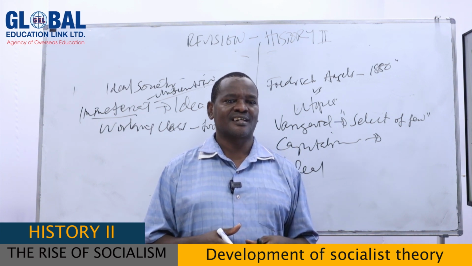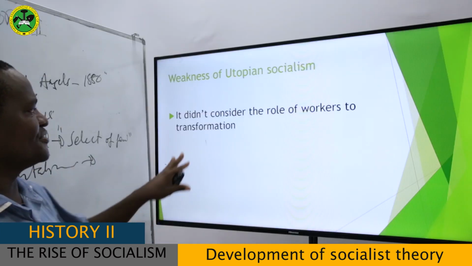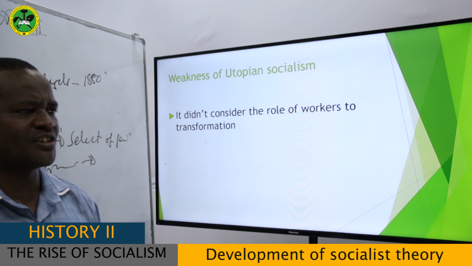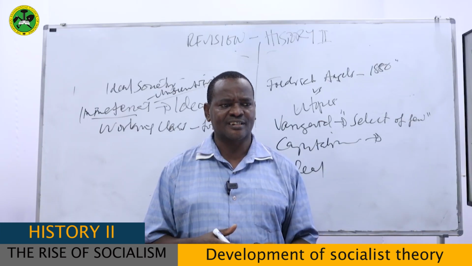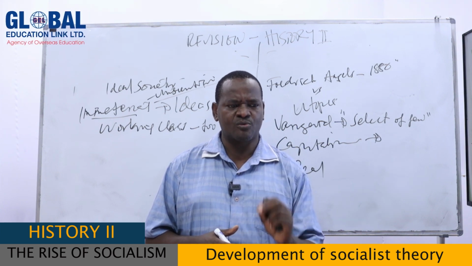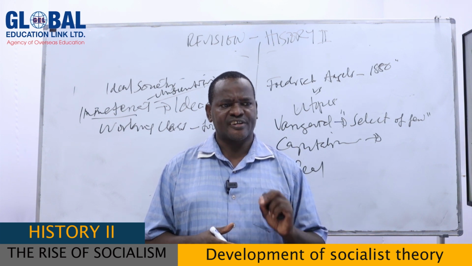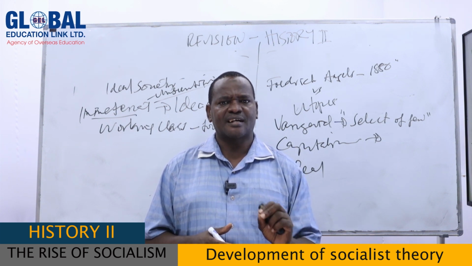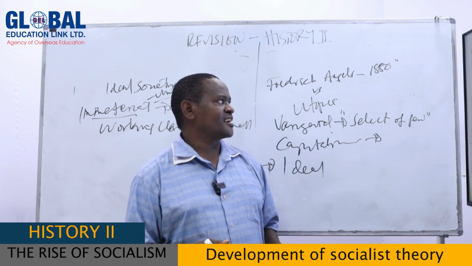That's very difficult. That's very, very difficult. So that's why we say they didn't consider the role of workers in transformation, as we came to see with the scientific socialists. The role of workers is very important because they're the ones who suffer, they're the ones who are exploited, so they're the ones who are going to bring changes, because the consciousness and the awareness comes from them before anybody else. So that is another weakness.